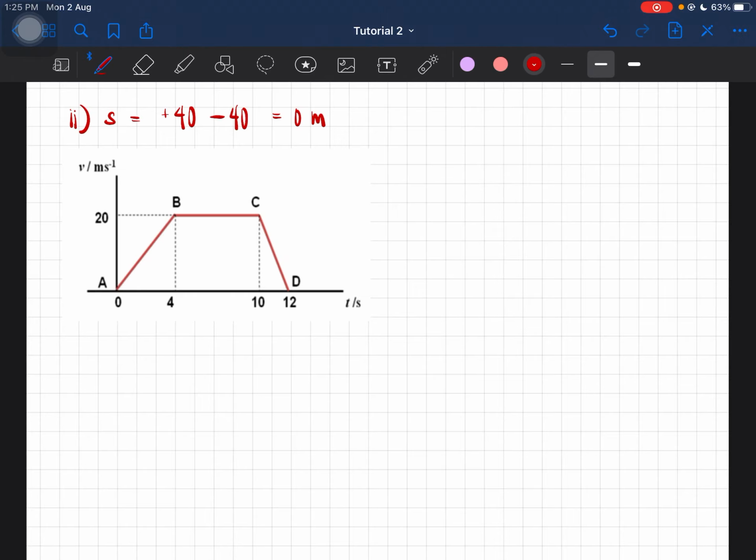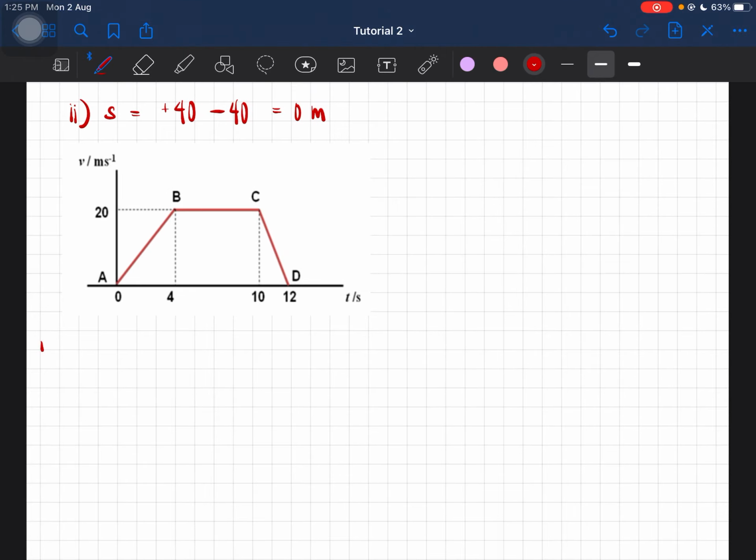Okay, so from question C number 1, we are asked to find the acceleration. Okay, so acceleration is only from point A to B, whereas B to C, it is equal to 0.